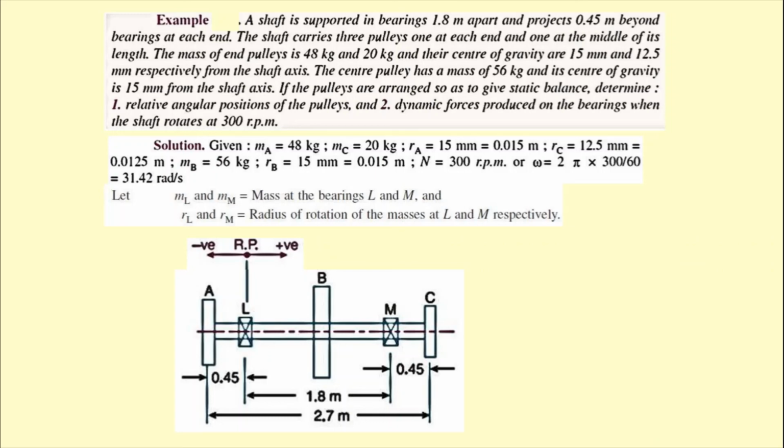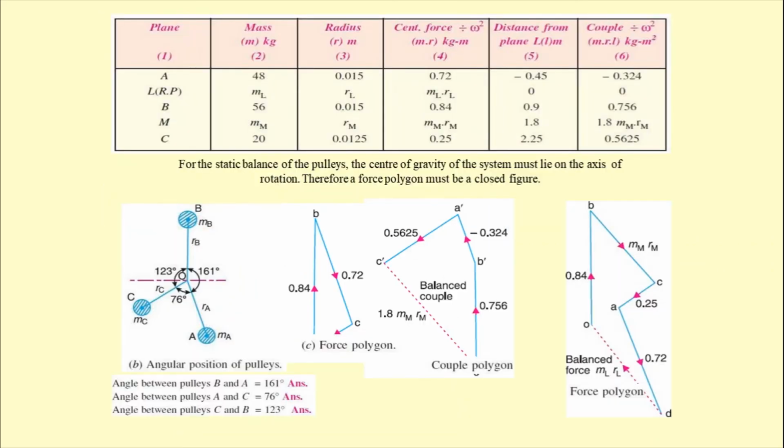Now the plane of L is the reference plane, for which the left hand side is negative and the right hand side is positive. By putting all the values over here in the same way, you may pause the video repeatedly and see how the force polygon and couple polygon are constructed as in the previous way.